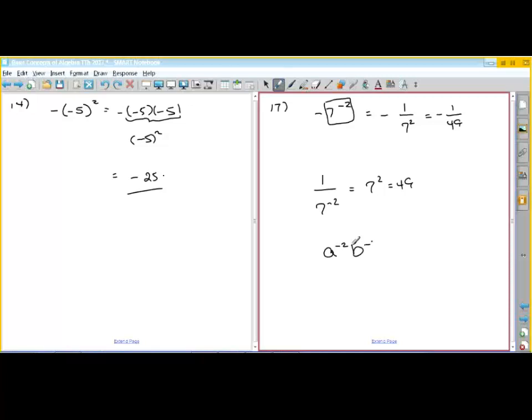So if I had something like a to the -2 power times b to the -3 power divided by c to the -4 power and d to the -1 power, so they're all negative, that's equal to c to the 4th power, d to the 1st power, divided by a to the 2nd power and b to the 3rd power. All I did is move these to the denominator, these to the numerator, and they became positive.